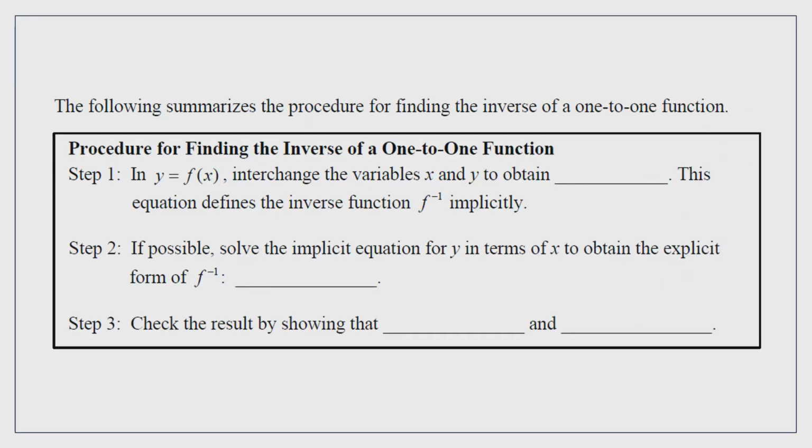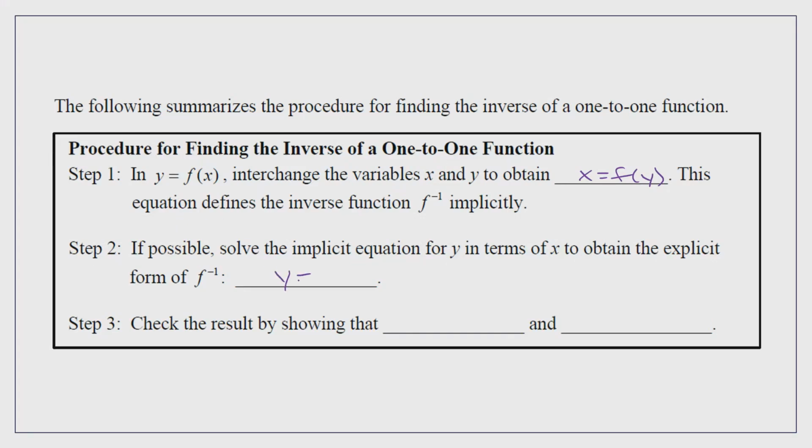So now this slide just summarizes the procedure for finding the inverse of a one-to-one function. So again, in step 1, in y equals f of x, interchange the x and y to obtain x equals f of y. This equation defines the inverse function implicitly. Then in step 2, if possible, you'll solve the implicit equation for y in terms of x to obtain the explicit form of the inverse function of f.